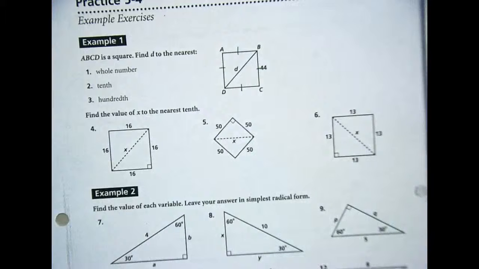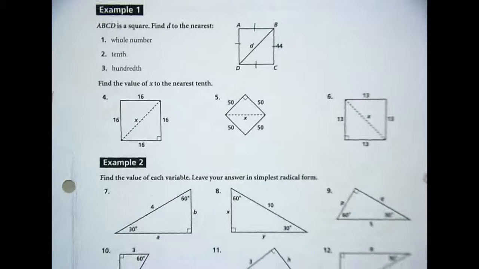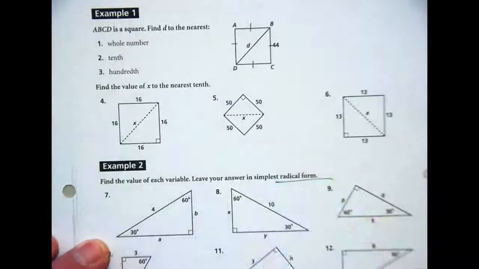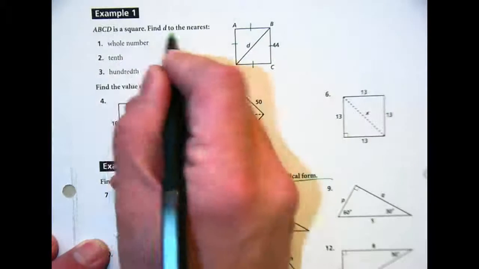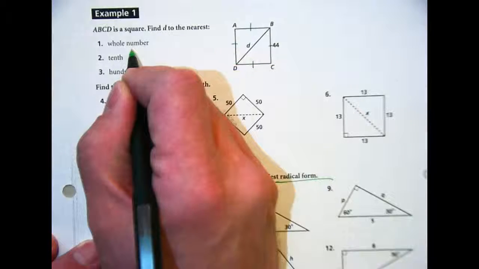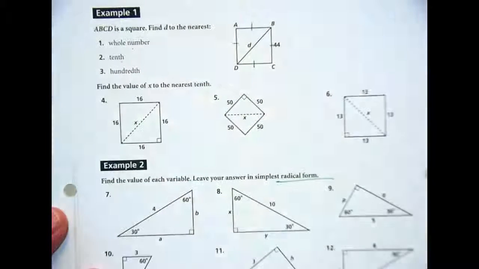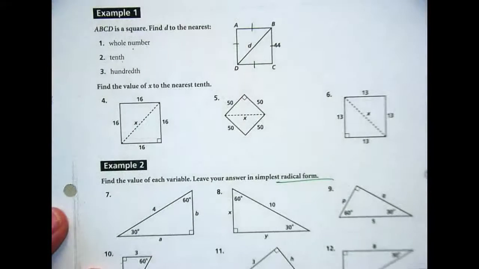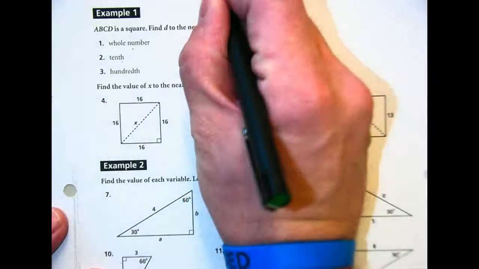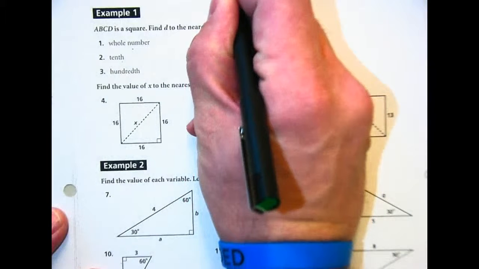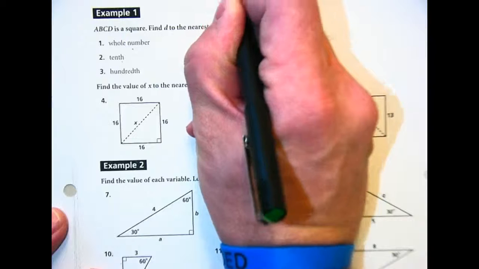Make sure you read directions. Sometimes they'll tell you to leave it in simplest radical. Sometimes they'll tell you to round to the nearest whole number, tenth, or hundredth. For those of you that don't know what a tenth is, in decimal form, how many zeros are in the number 10? 1, right? So that's how many numbers you have to have behind the decimal.